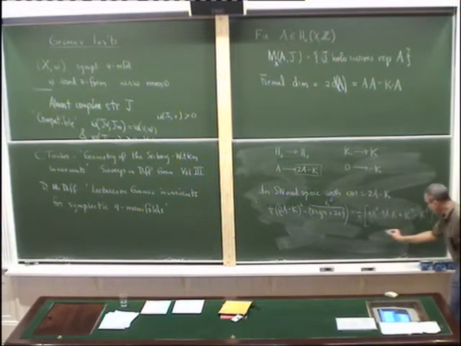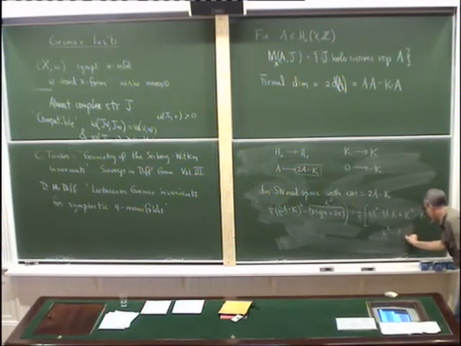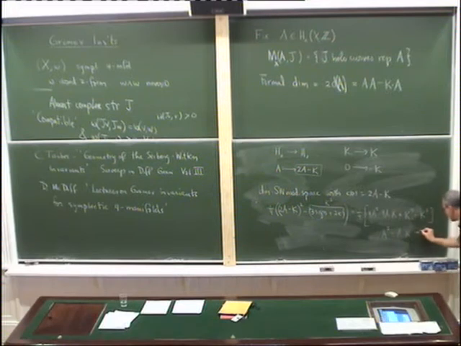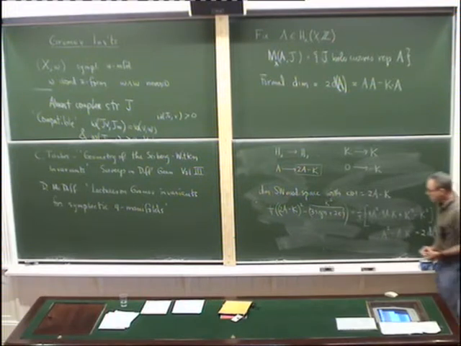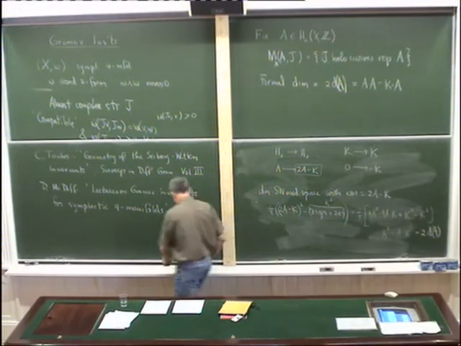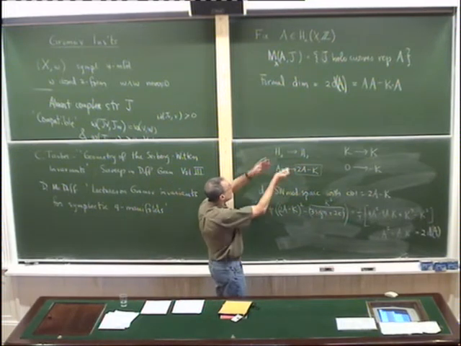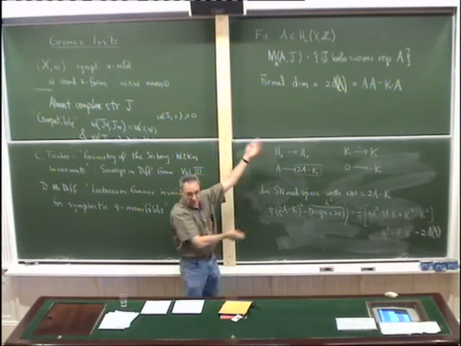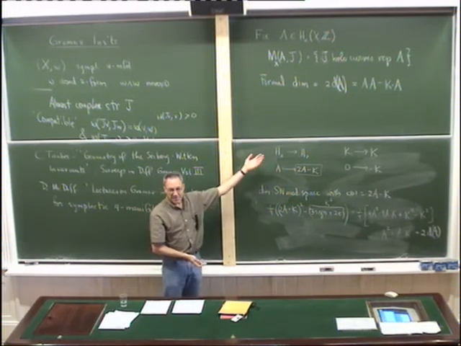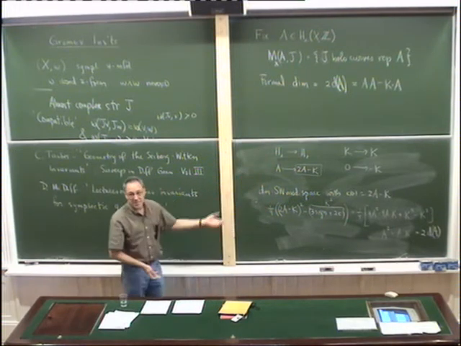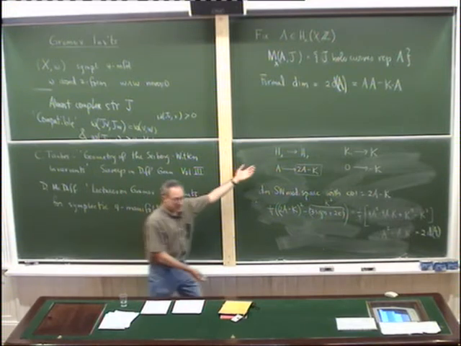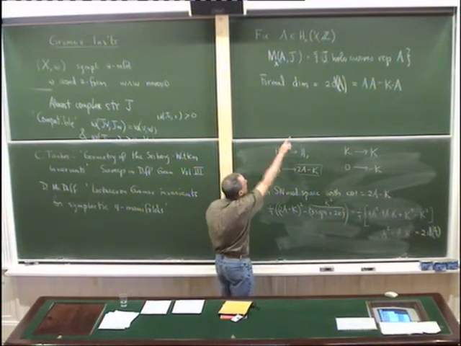In other words, we get A squared minus A dot K, which is 2dA. So this simple calculation shows us that there's a relationship between these. At this point, in hindsight, it's completely obvious, right? But anyway, here's a relationship.